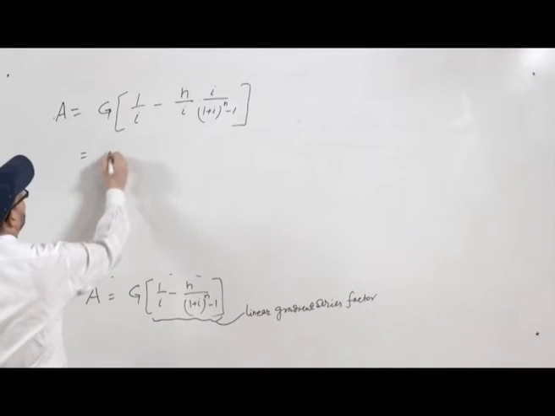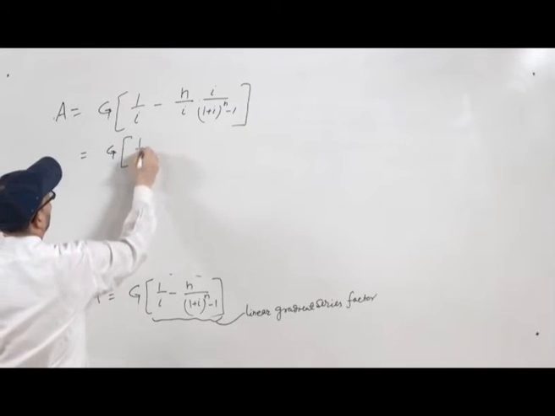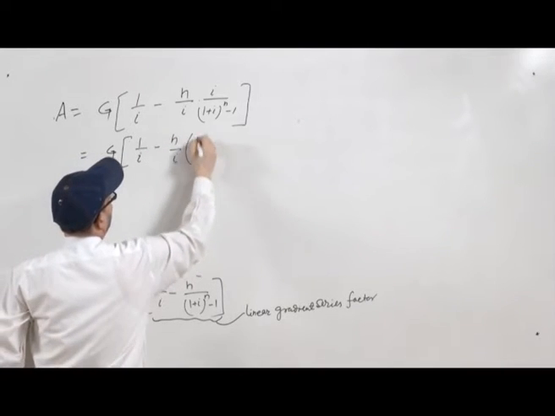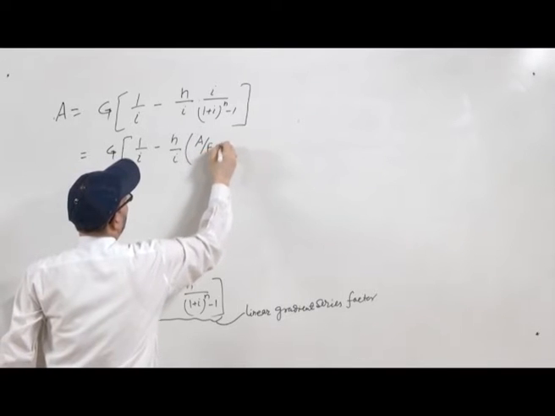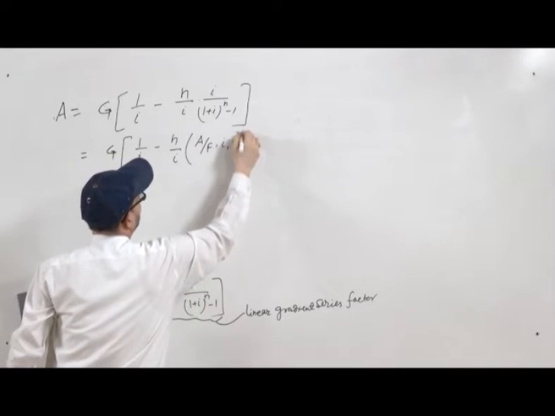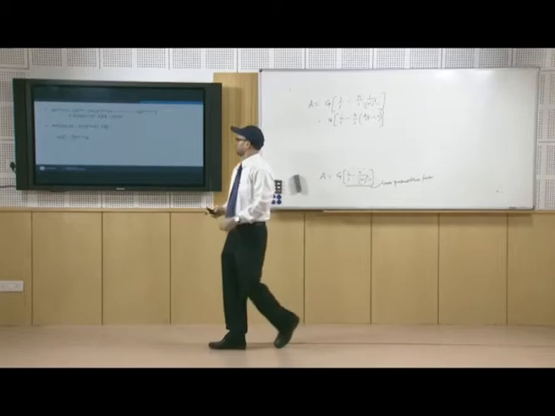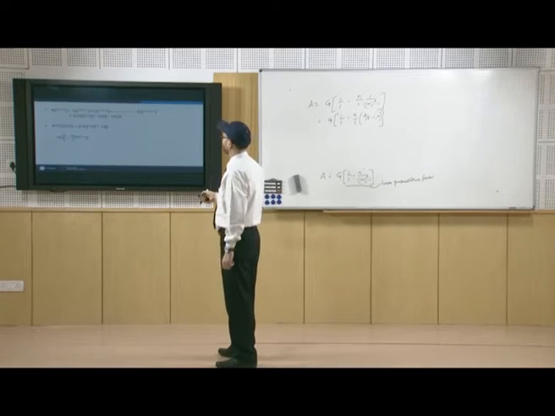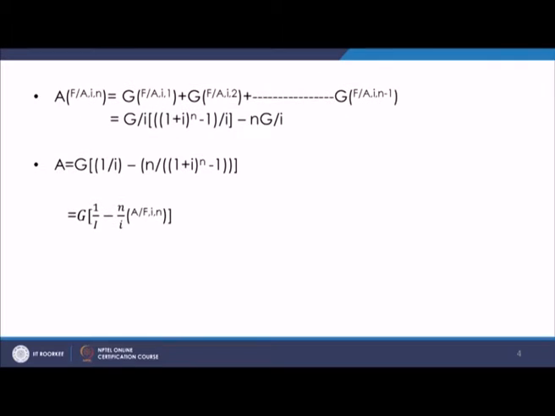So, you can write it as g 1 by I minus n by I A by F I n. So, what we see, we have basically derived this expression A equal to g 1 by I minus n by I A by F I n, and this is known as the linear gradient series factor.